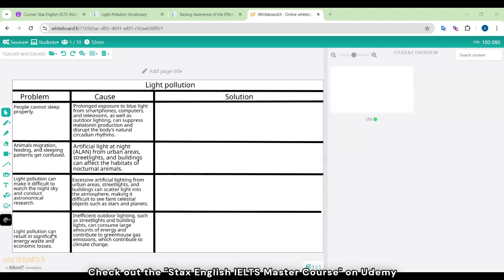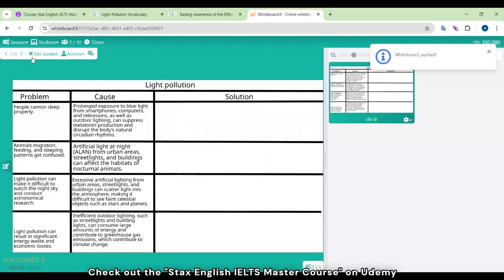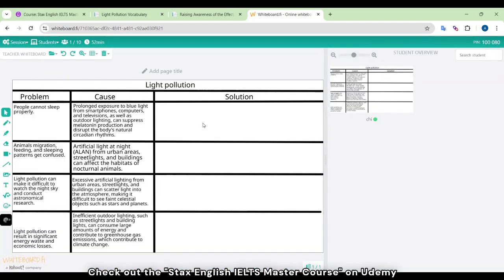And problem four, light pollution can result in significant energy waste and economic losses. Now, what we want to do is think of solutions to these problems. Think of something that can mitigate the damage, reduce the damage, or solve it entirely. Now, if you look at the causes here, we can see people cannot sleep properly.